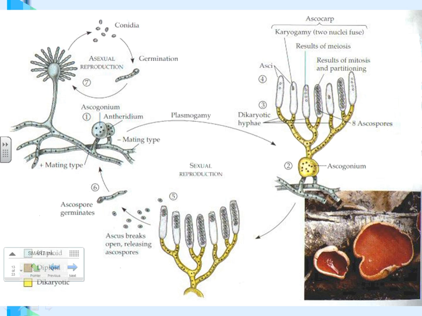That will lead to cells that are dikaryotic, a single cell with two nuclei. Eventually, those two nuclei will join together, a process called karyogamy. That will produce a diploid cell, kind of like a zygote.